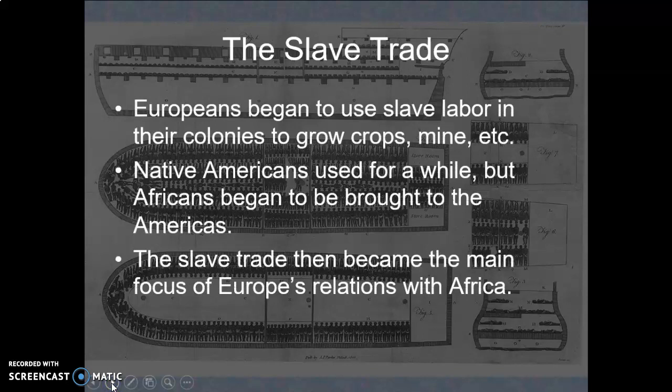So Europeans began to use slave labor in their colonies to grow crops, mine, etc. Native Americans were used for a while, but Africans began to be brought over to the Americas. Native Americans would run away. They knew the land better than Europeans. So the slave trade then became the main focus of Europe's relations with Africa.